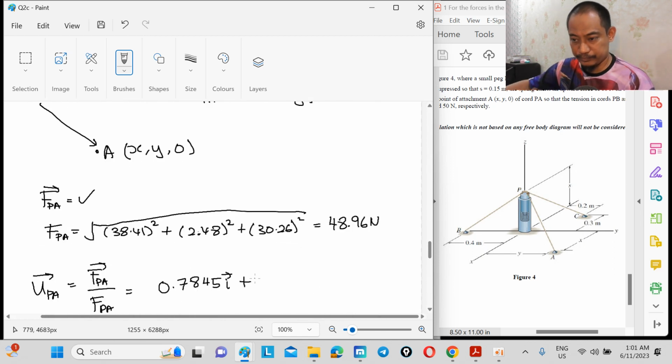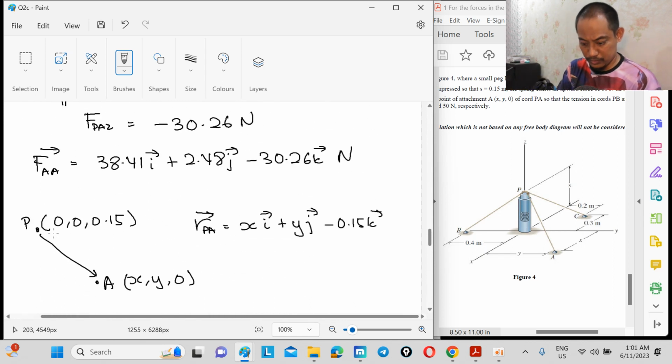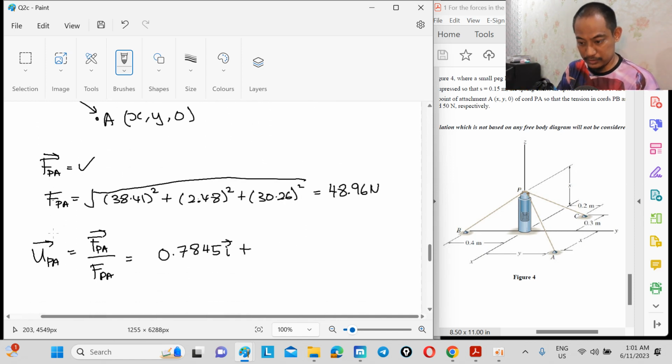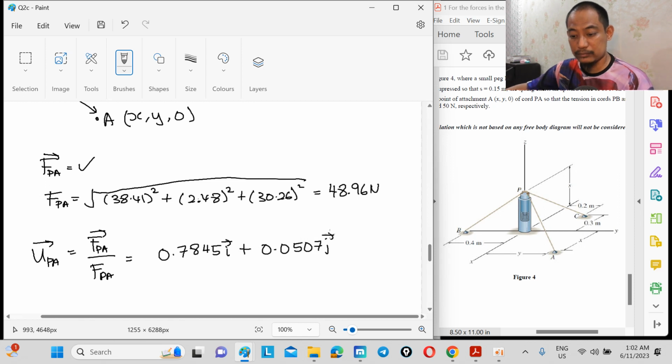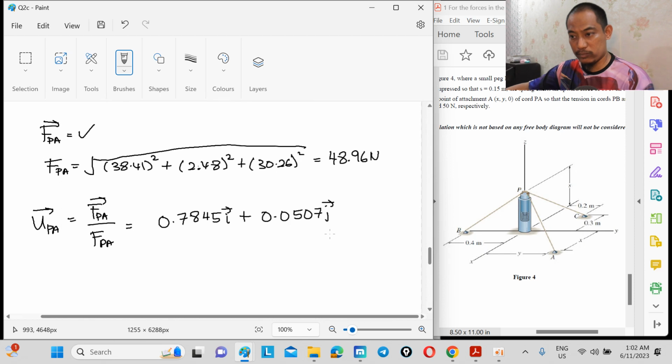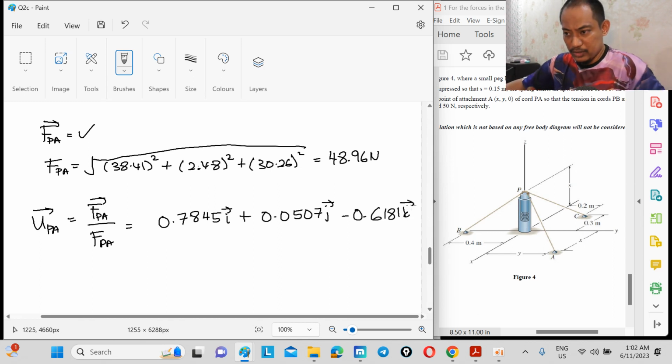And then plus 2.48 divided by 48.96, you get 0.0507j, and then 30.26 divided by 48.96, so you get minus 0.6181k. Alright, so you have the unit vector.